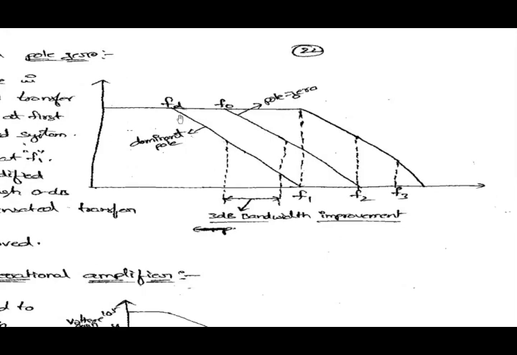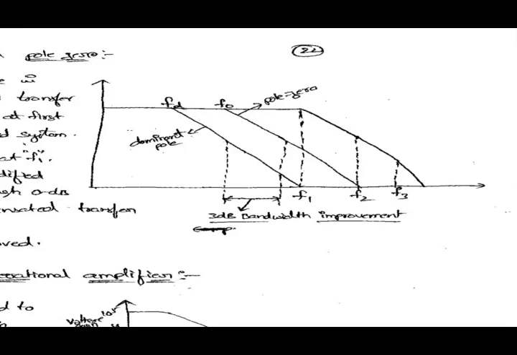By observing this graph, you can see that in pole zero compensation the bandwidth has been improved. Here the op amp is going to operate from this frequency to f2, whereas in dominant pole compensation the bandwidth is less when compared with the pole zero compensation.